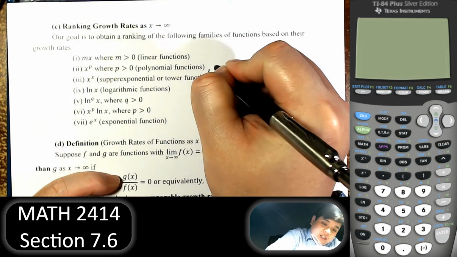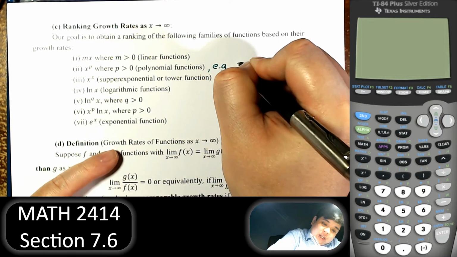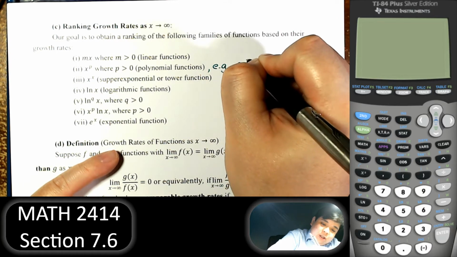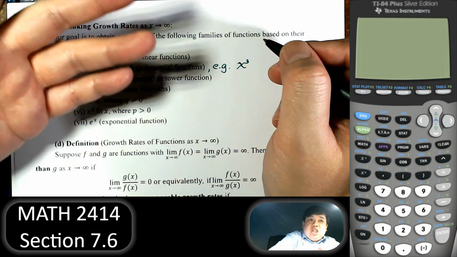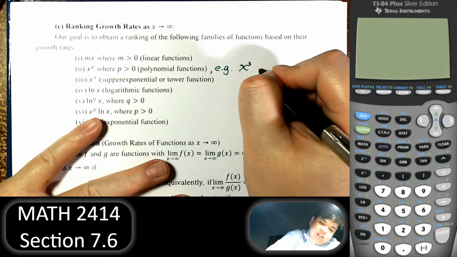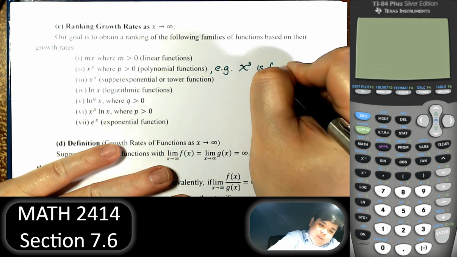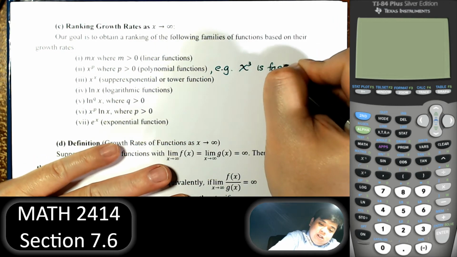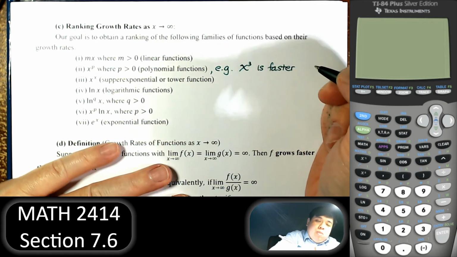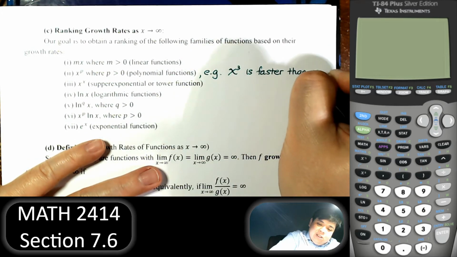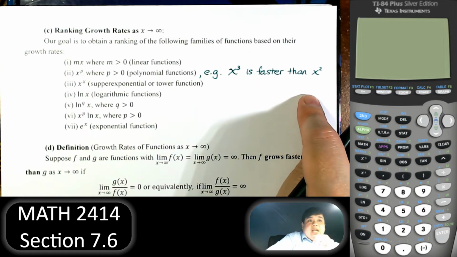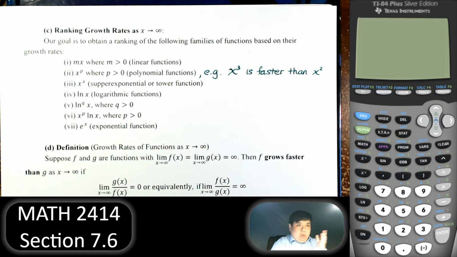So obviously 3x cubed will go to infinity faster than x squared because x cubed is bigger than x squared, right? The bigger the exponent, the bigger the power. And x squared is faster than x, and x is going to be faster than x to negative 1, and so on.